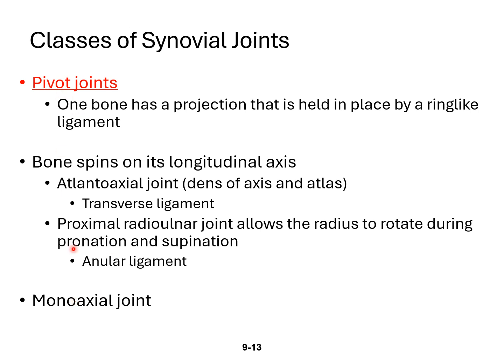You can say pivot. It might be monoaxial. How many rotations can the pivot joint do? And you would say it moves in one plane. So going through these, making a quick idea of an example of one and what it does would be enough for you to study for the exam. So good luck.